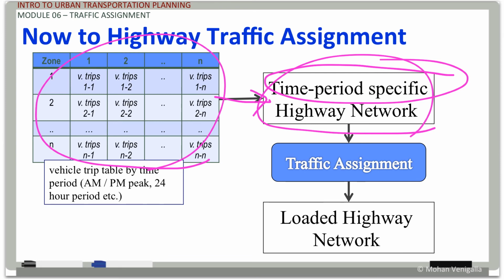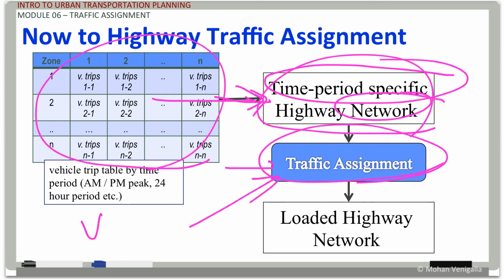So that type of network is prepared, and then you have the trip table and the network. They go into this. Well, it's not actually a black box. I know what is in there, so I don't feel it's a black box, but it is very cumbersome. Some procedure.